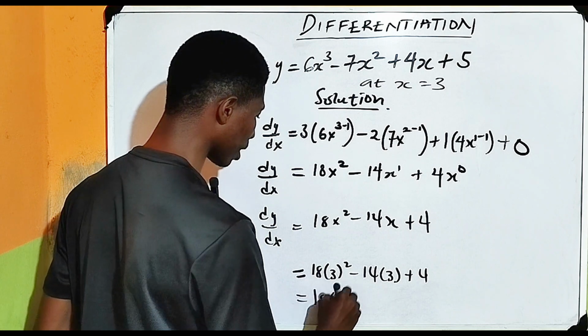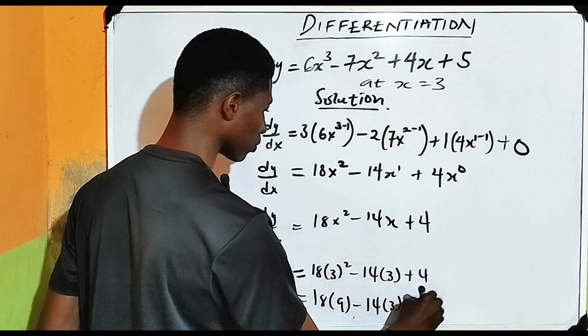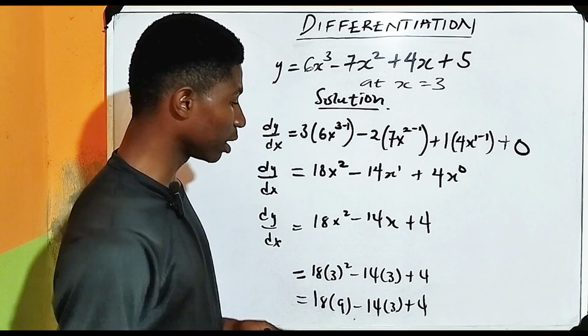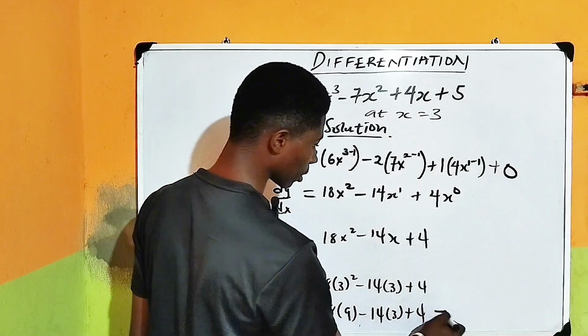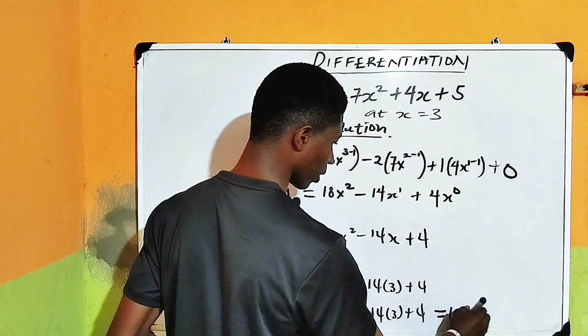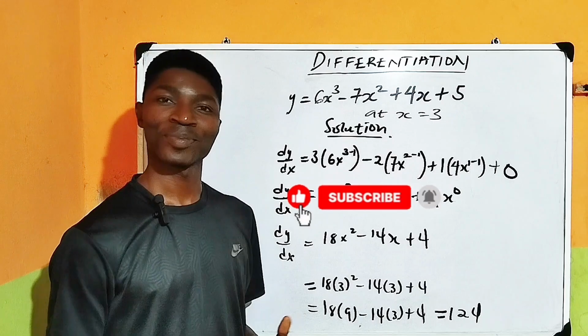That is 18 times 9 minus 14 times 3 plus 4. Then, when you calculate, our answer is 124. I hope this is clear.